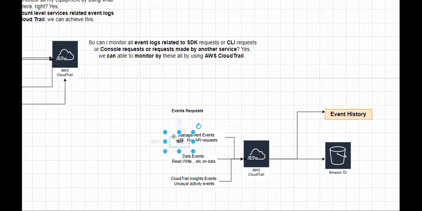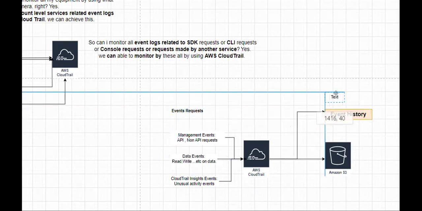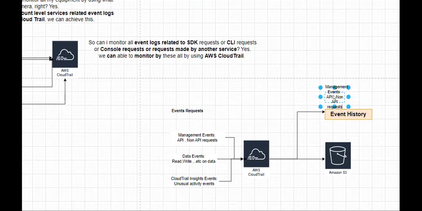Those two will be stored in the event history, whereas the other one, the unusual event logs, are stored elsewhere.